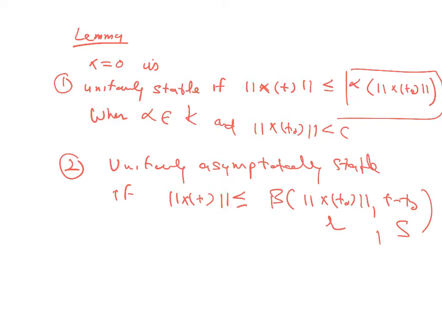See? So that means this beta is class KL, right? So what happens when this is class K with x of t0? If you increase x of t0, overall things increase. But when t minus t0 goes to infinity, then no matter where you started, it goes to 0, and it's uniformly asymptotically stable. Okay?